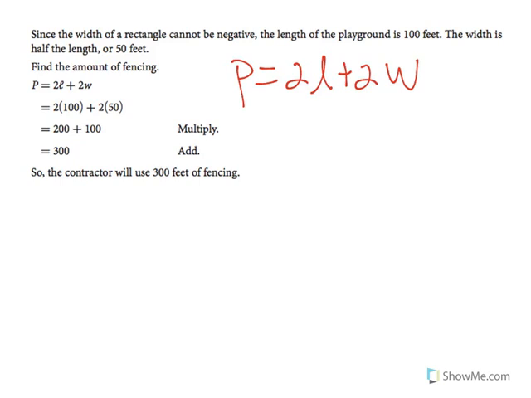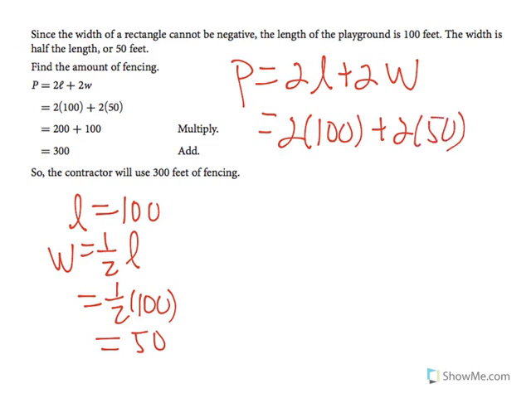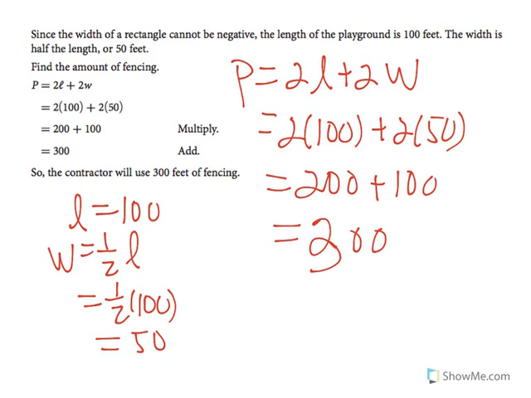We know that the length is 100 feet, and the width is 1/2 of the length, which means 1/2 of 100, which gives us 50. So 2 times 100 plus 2 times 50 equals 200 plus 100. So for the perimeter, we need 300 feet of fencing.